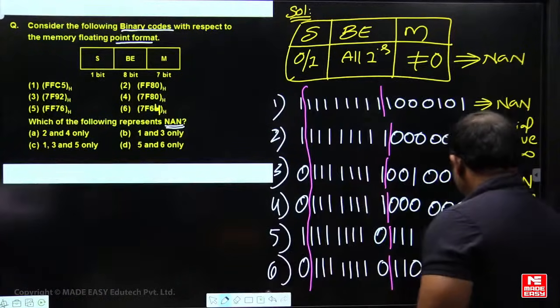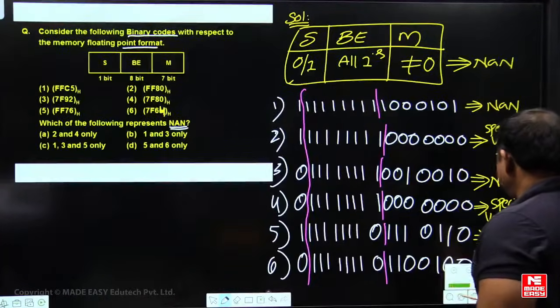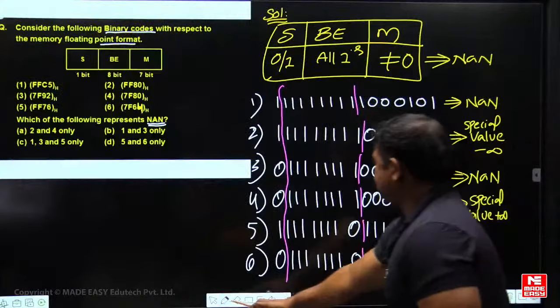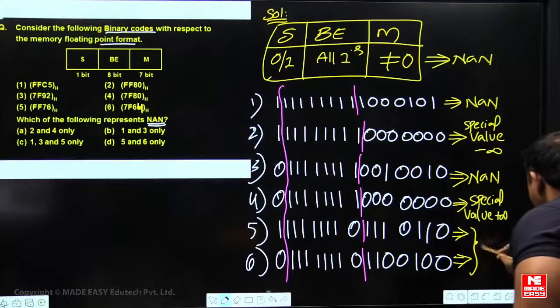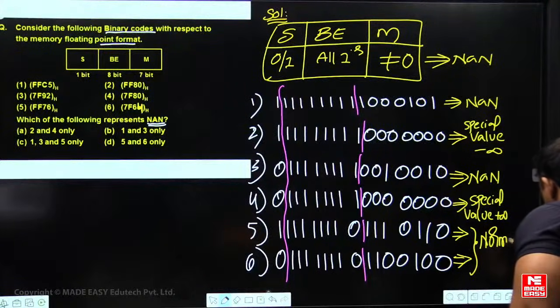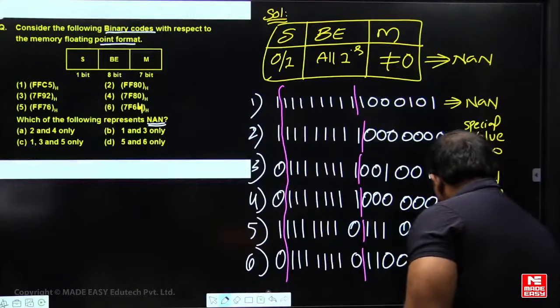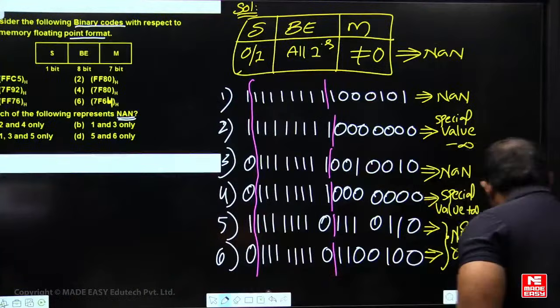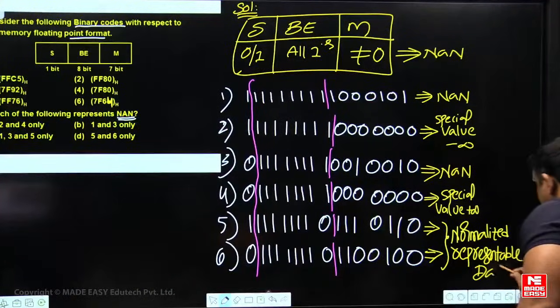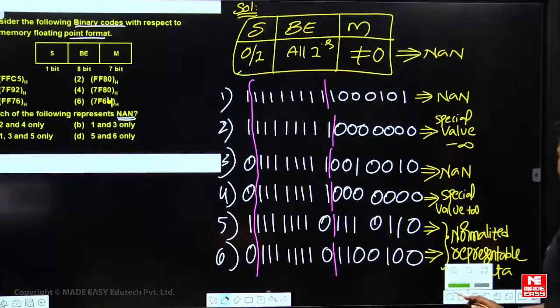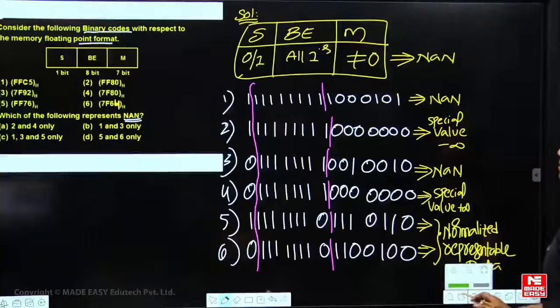Quantities are the representable normalized numbers. Normalized representable data, not a subnormal data. Representable normalized number.